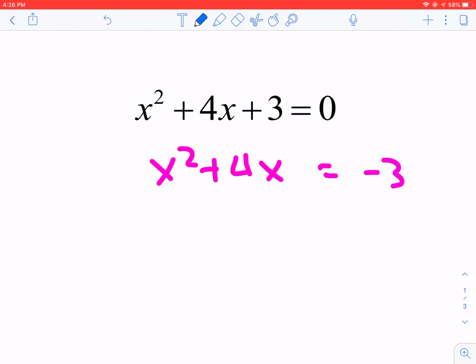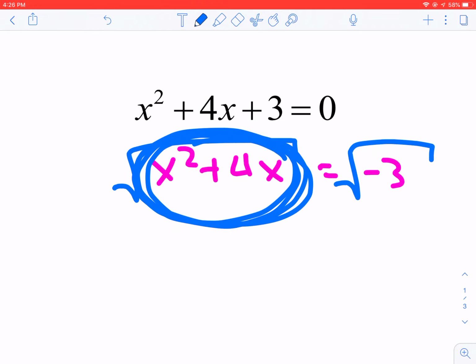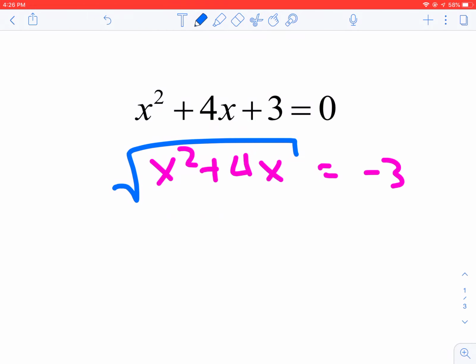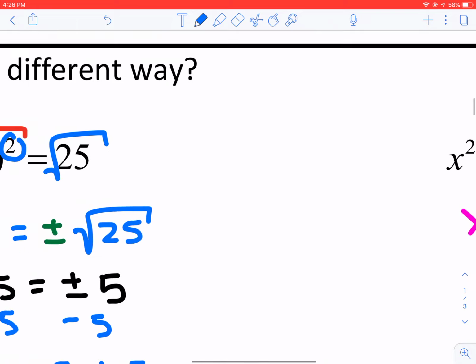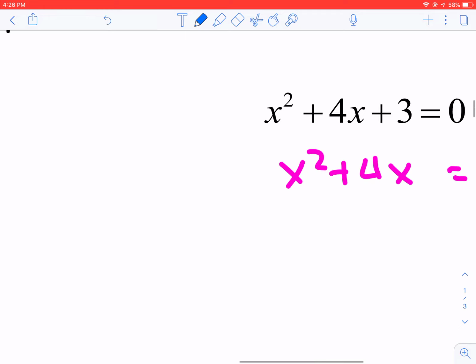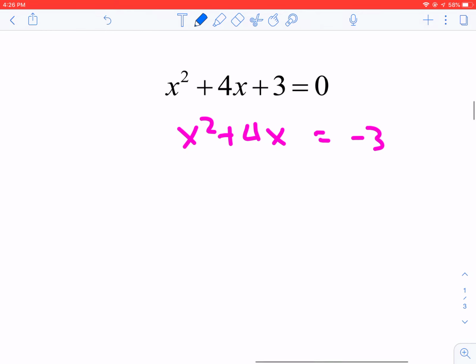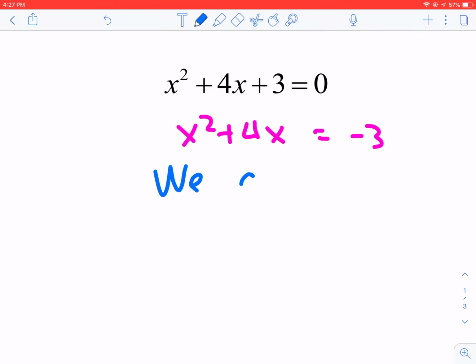You have to square root both sides of the equation, and you have no idea how to square root something that looks like this. When the something squared is not by itself, you can't square root both sides here.